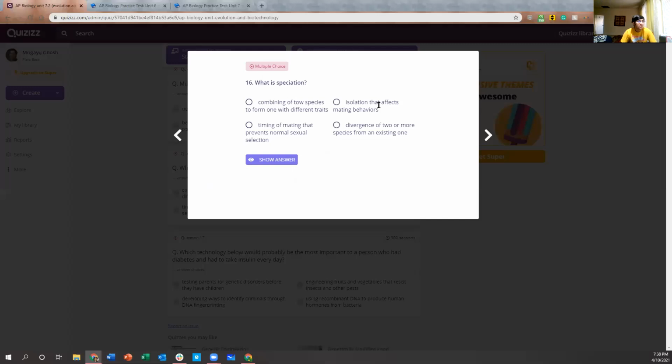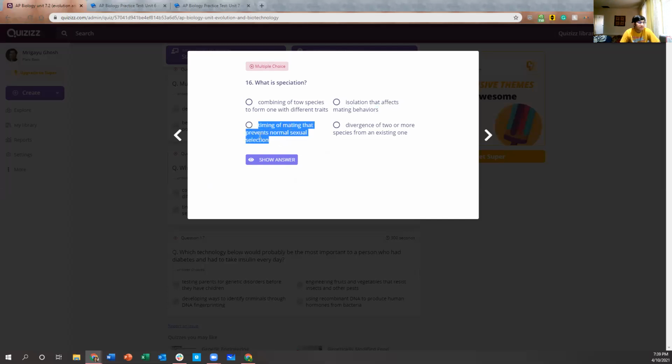What is speciation? Speciation is when you have reproductive isolation, 2 populations aren't able to interbreed, and therefore they become separate. So that doesn't make sense. You can't combine 2 species to form one with different. That doesn't really make sense. Isolation that affects mating behaviors. It is isolation, but it's not necessarily that affects mating behaviors.